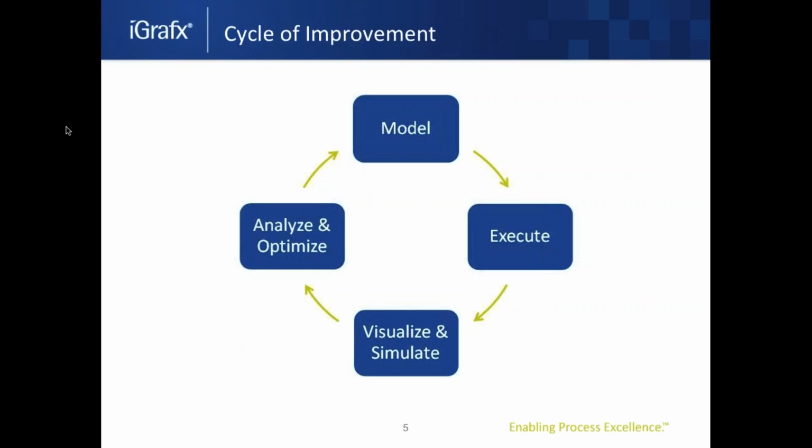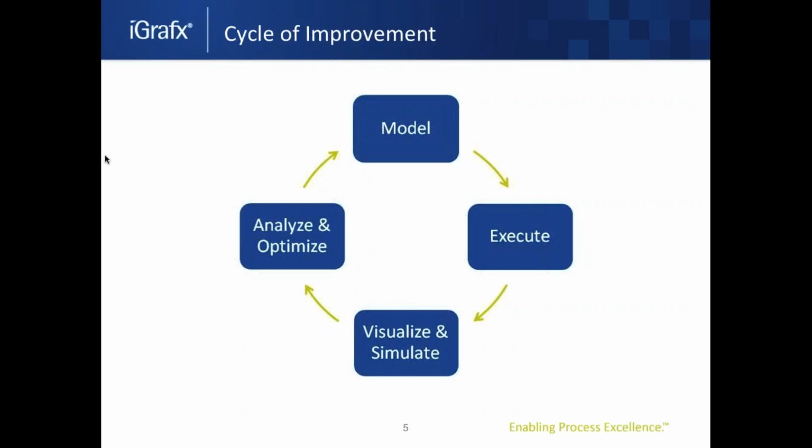That means that you will always know how long your processes actually take, and you always know how long a specific process step takes. And when you have a look at the cycle of improvement, this data is really very important when you want to do a simulation, for example, because you can do the simulation with really hard facts straight from your organizational processes.